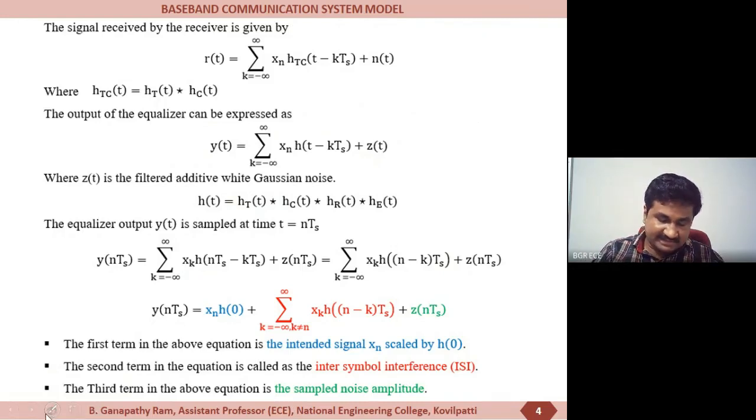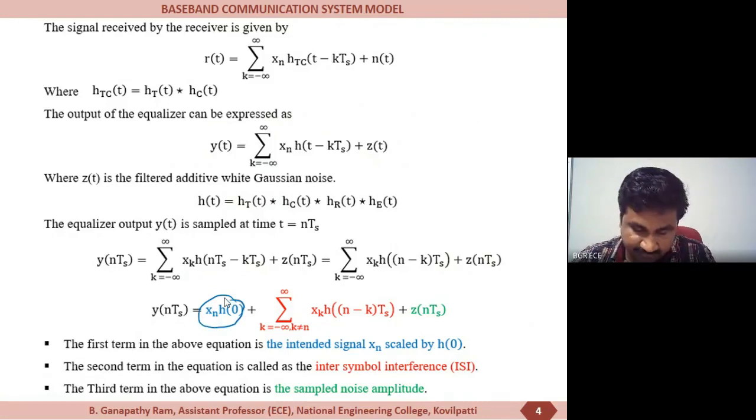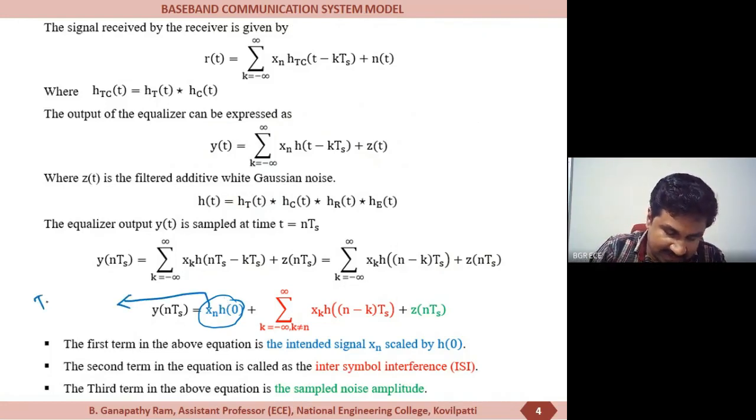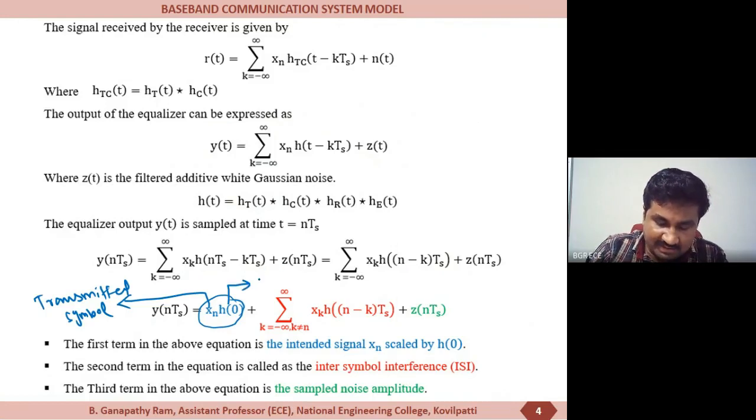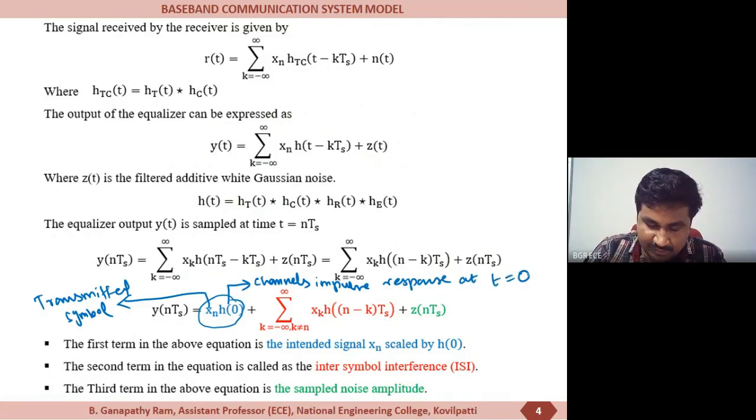This expression consists of three different terms. The first term is x_n into h of 0. This term consists of the transmitted symbol, because x of n is transmitted by the transmitter, and it is scaled by the channel's impulse response at t equal to 0.